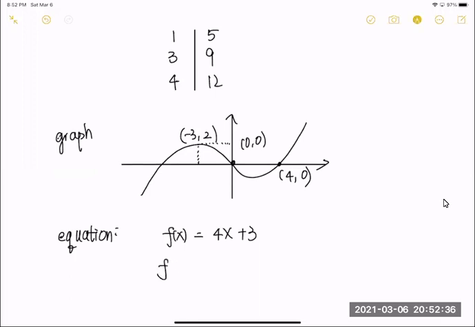For example, f of 1 means we substitute x equals 1 into the equation. So we have 4 times 1 plus 3, which is 7. So here we have x, right? Now we replace every x with 1.